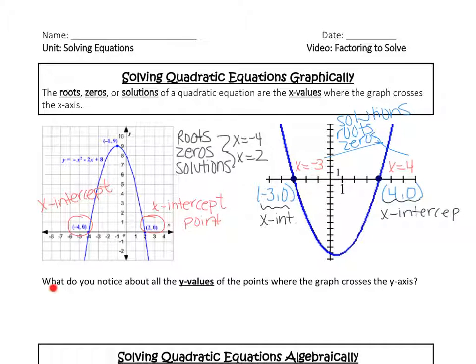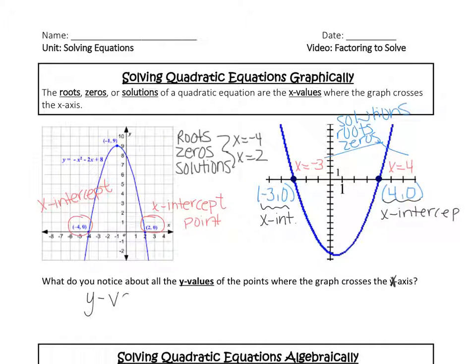Okay, now what did you notice about all of the y values of the points where the graph crosses the x-axis? So what did you notice about these points here, here, here, and here? What did you notice about the y values of all of these points? You should be saying the y values are 0. So let's write that in.